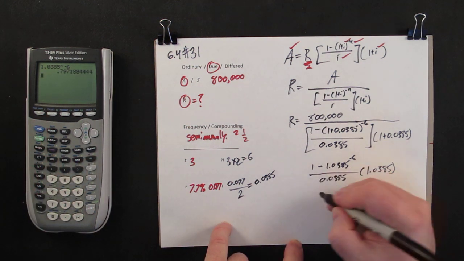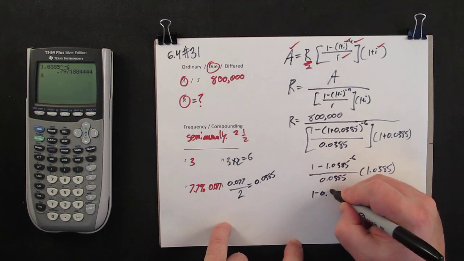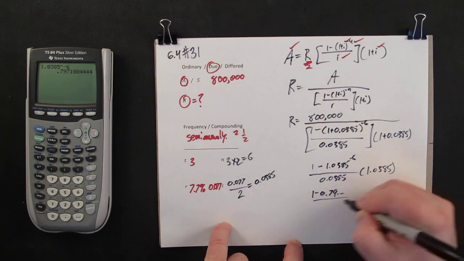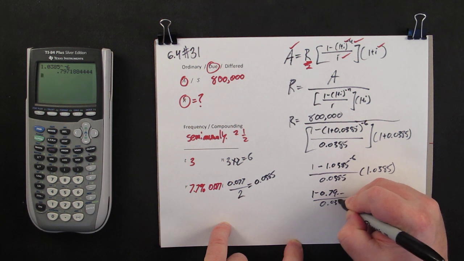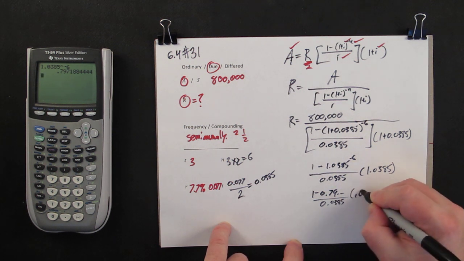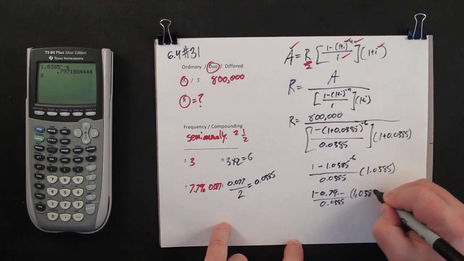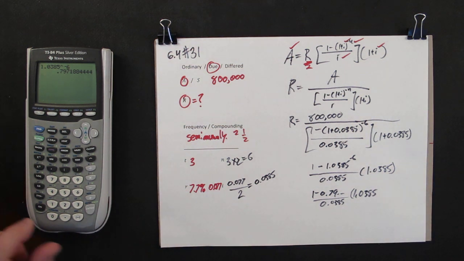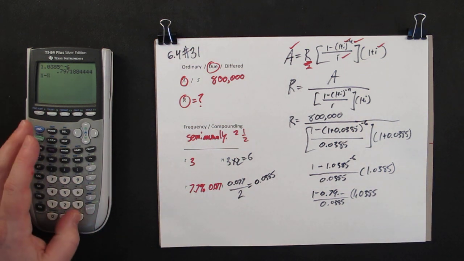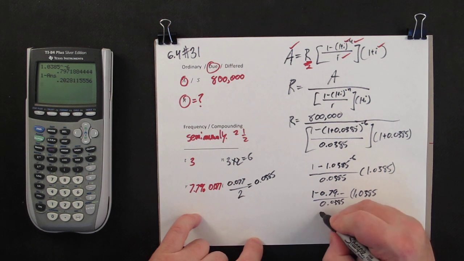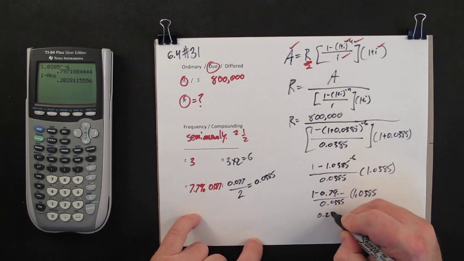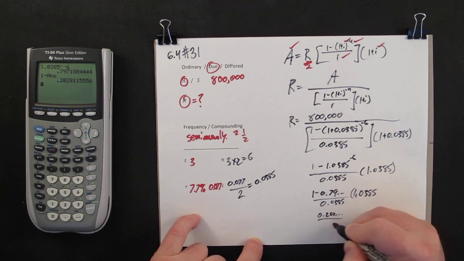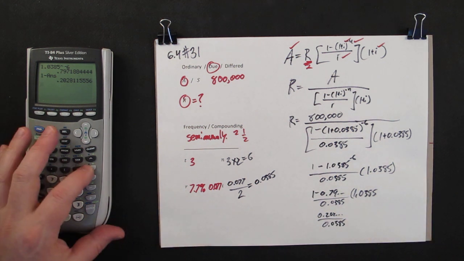So 1 minus 0.79385 gives 0.20615, divided by 0.0385.